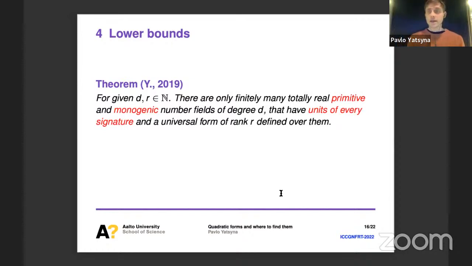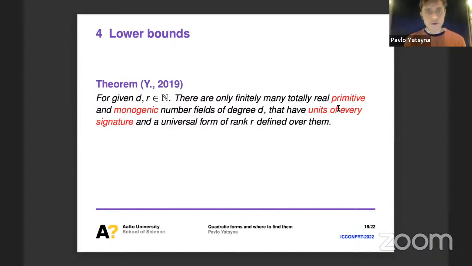It says that fixing any natural numbers d and r, there are only finitely many totally real number fields which are primitive, monogenic of degree d, that have units of every signature and a universal quadratic form of rank r defined over them. Let me maybe just decompose or explain some of these terms.